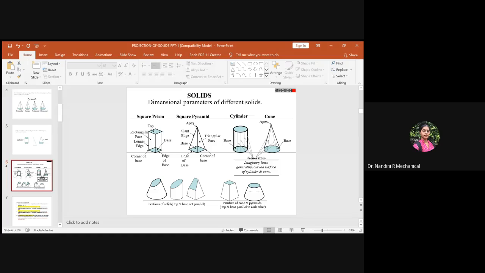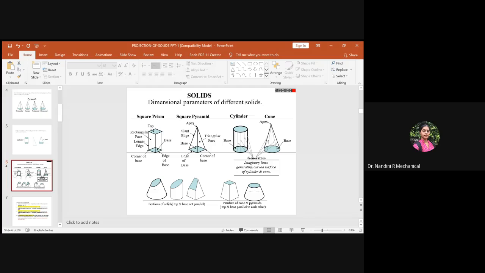This is used only to trace out how the rectangular surface has revolved across the surface to get the cylindrical object. Similarly, in the case of the apex, you will have the generators. Here the generators will be parallel, but in the cone we get inclined generators.